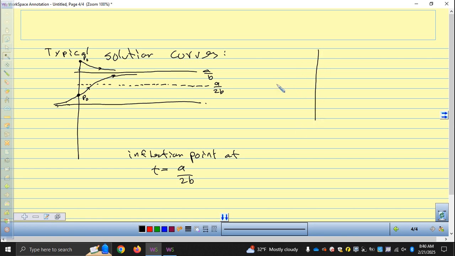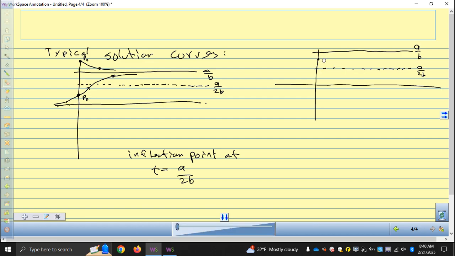And if P0 is up here, our solution curve would end up with an inflection point here, like so. So those are typical solution curves in the region defined by the equilibrium solutions.